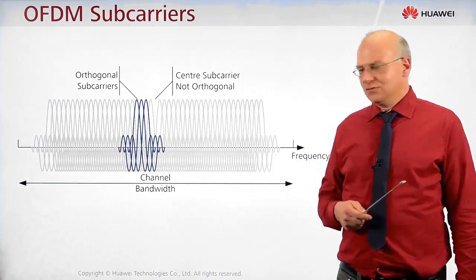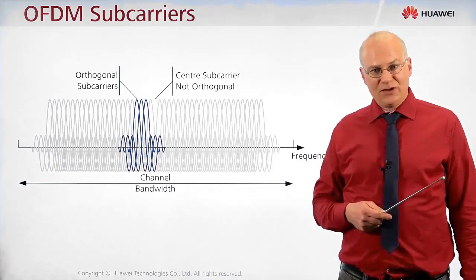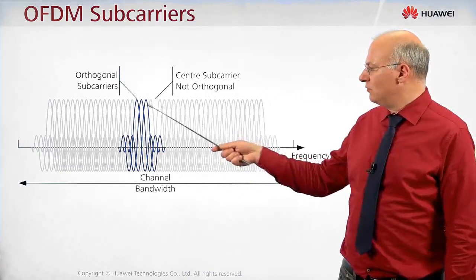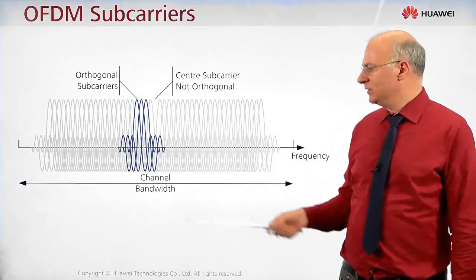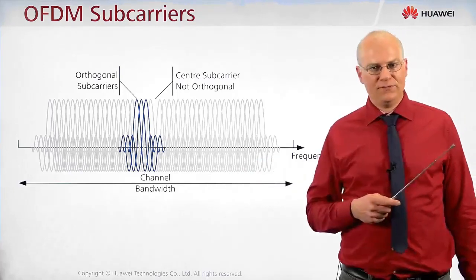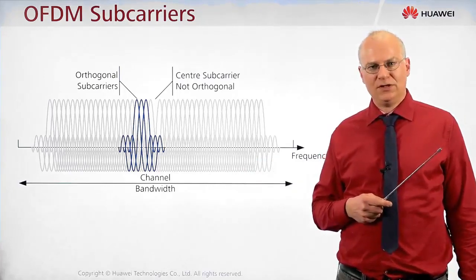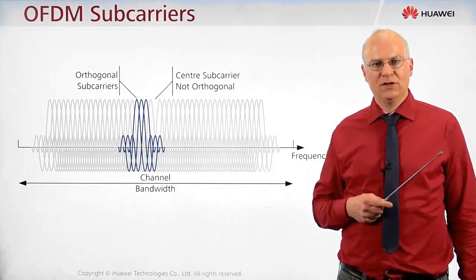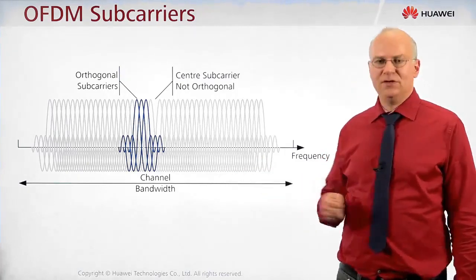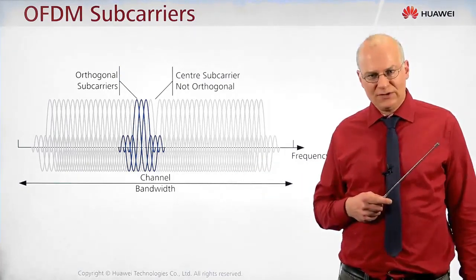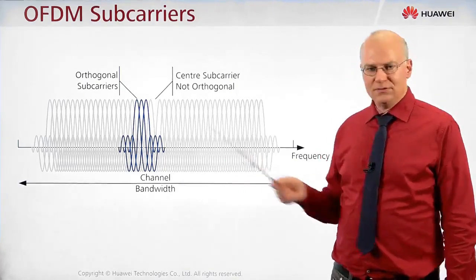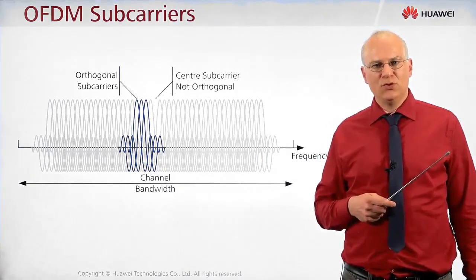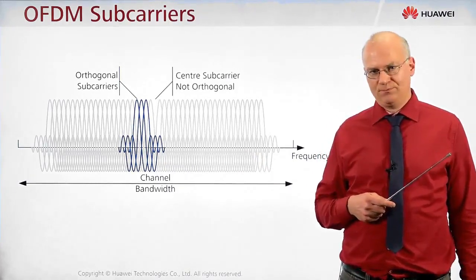And the signal structure is such that the maximum of one subcarrier lies on the nulls of all other carriers. So this means we have a perfect orthogonality, so that neighboring subcarriers do not interfere at all.